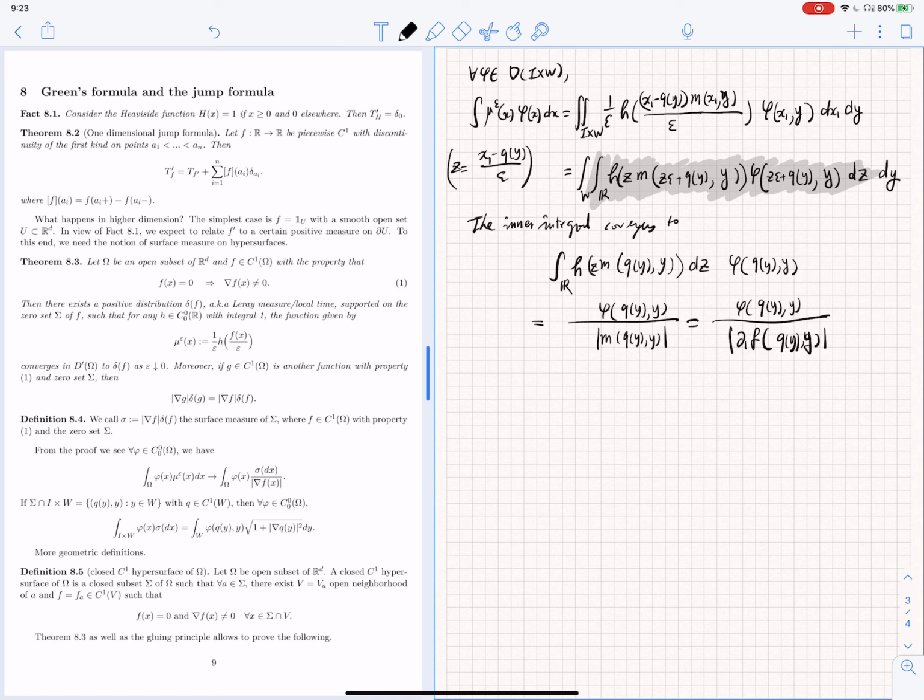Then we can make use of dominated convergence to show that the whole integral with respect to y on w also converges.